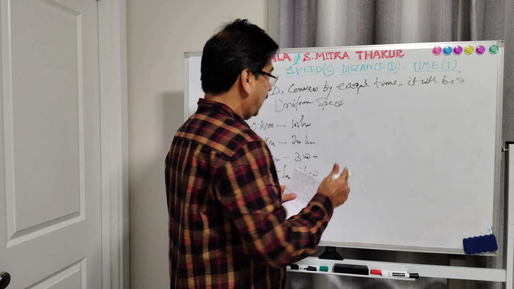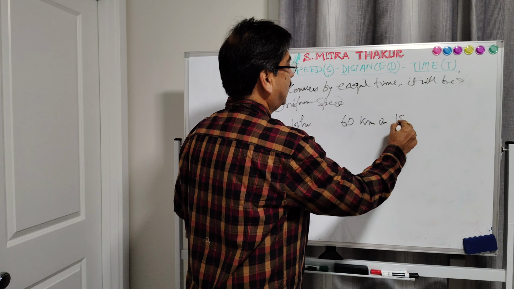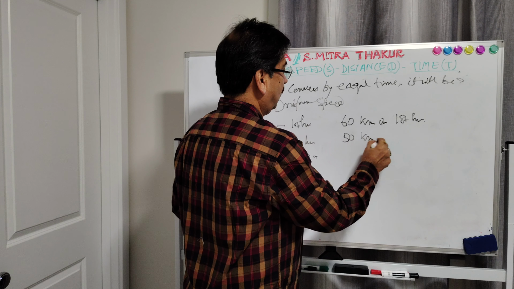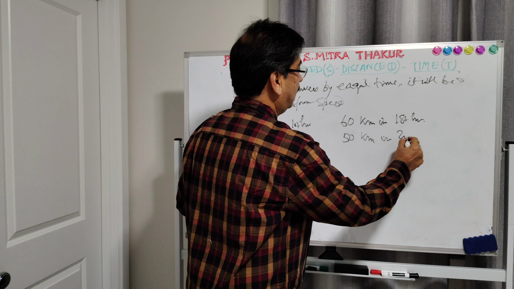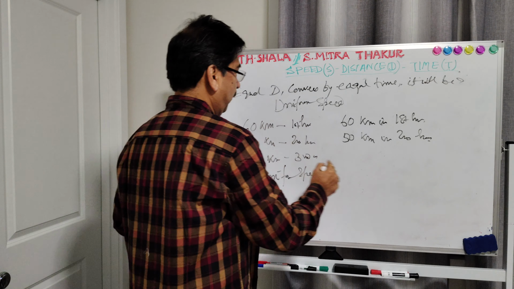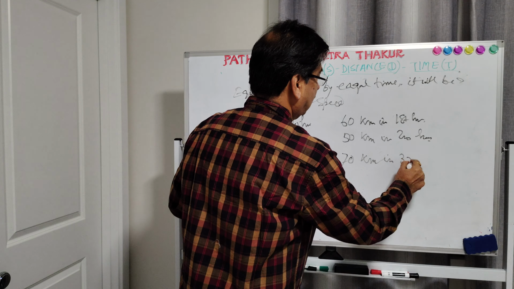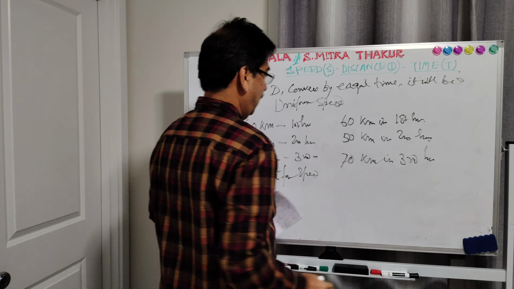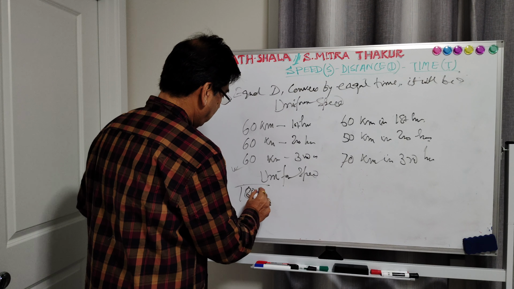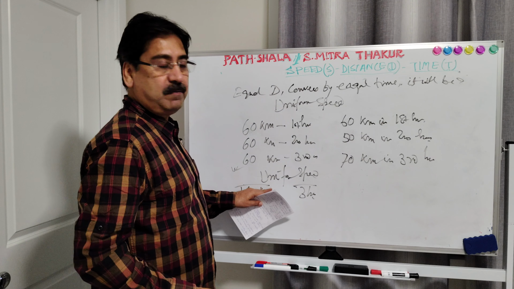But if the car covers 60 kilometer in the first hour, then 50 kilometer in the second hour, and 70 kilometer in the third hour, here the total distance is 180 kilometer and total time is 3 hours.